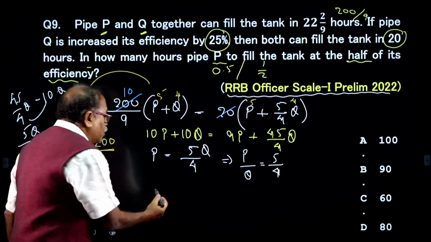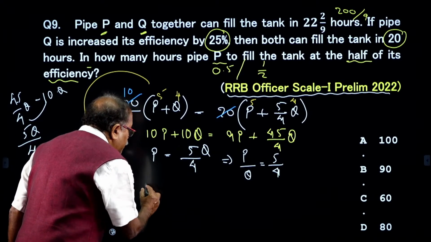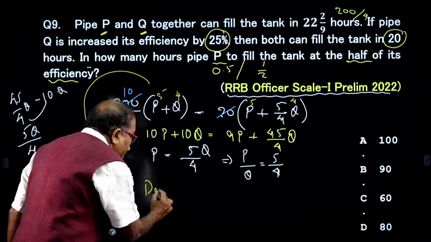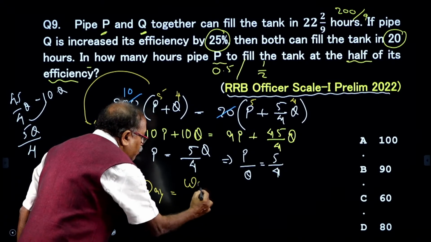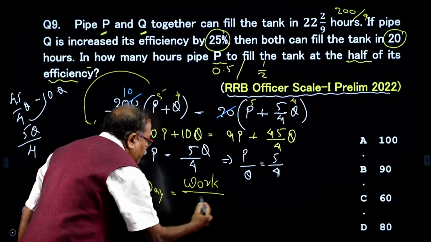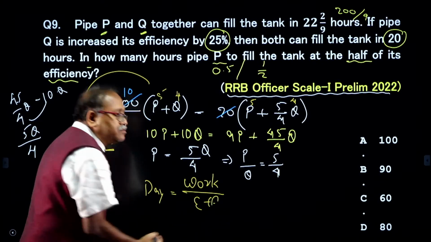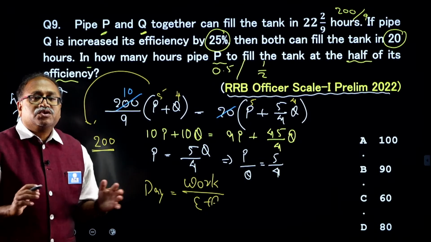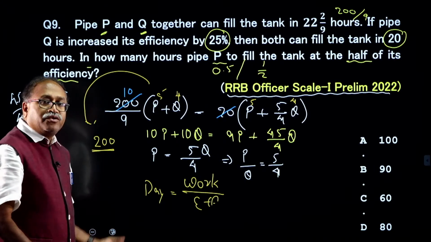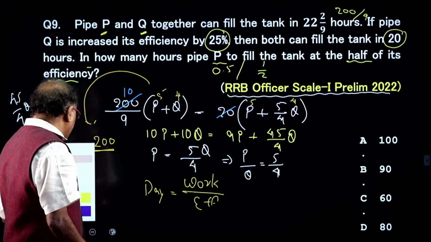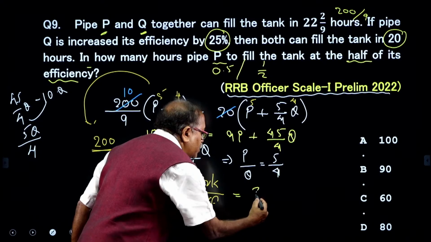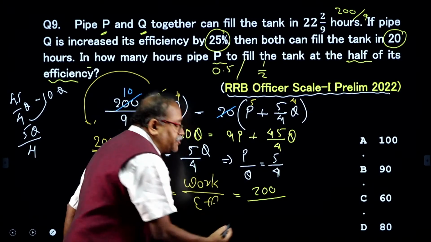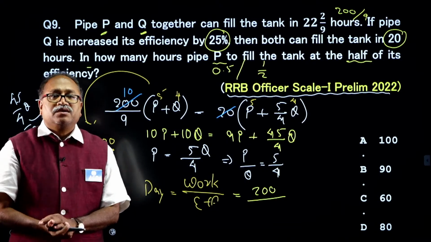Now, days or hours is equal to work by efficiency. You must be knowing this one if you have already prepared. So what is the work here? 200 units. Let me write down that part, that is 200, and put the efficiency here and get the result.